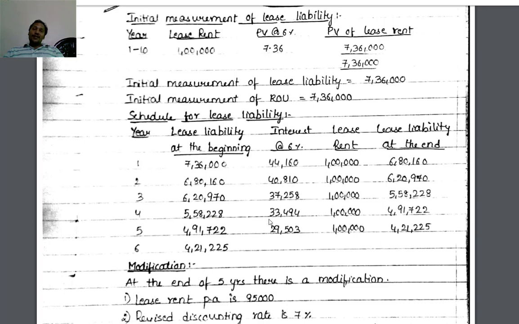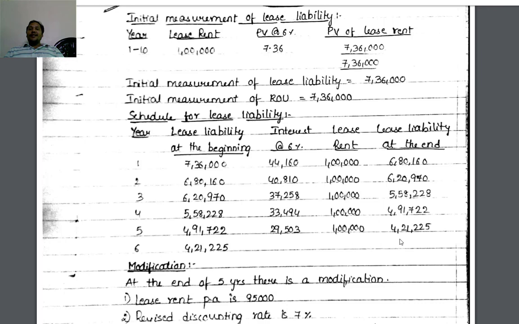So 5,58,228 plus 33,494 minus 1 lakh, 4,91,722. Lease liability at the end. At the beginning of fifth year, lease liability 4,91,722. Interest at 6%, 29,503. Lease rent 1 lakh.